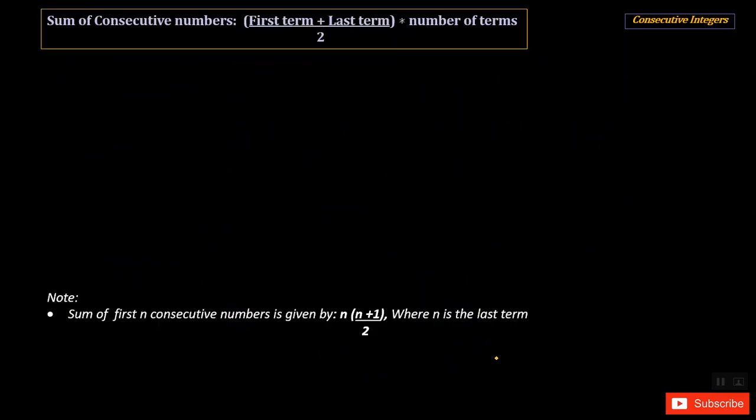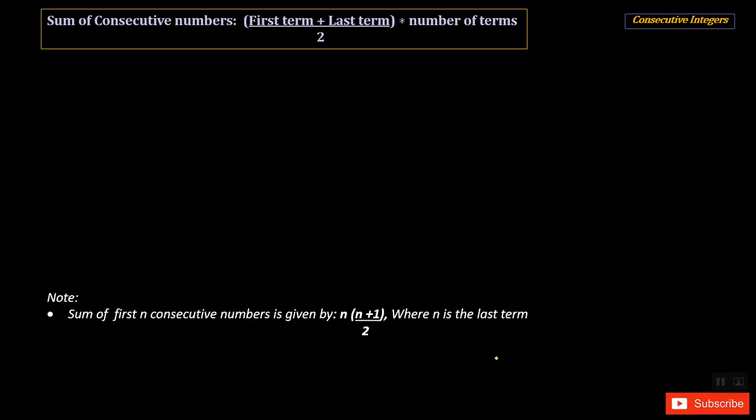Now let's move on. Sometimes you also expect a question on finding the sum of consecutive integers. The first question you may expect is to find the number of terms in the given range, and the second question you may expect is finding the sum of the terms in consecutive numbers.